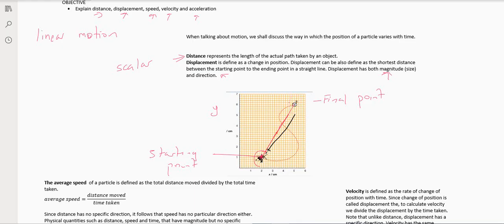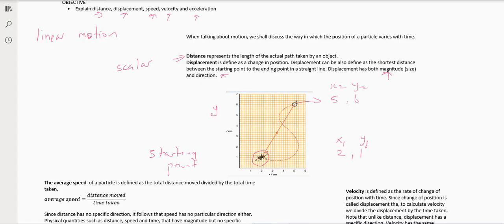Remember when I said that the starting point has the coordinates 2, 1, where let's call this x1, let's call this y1, and the end point has a coordinate point of 5, 6? This one is y2, this is x2.